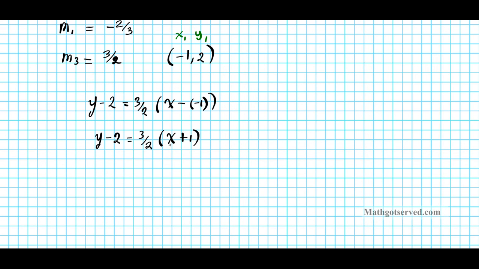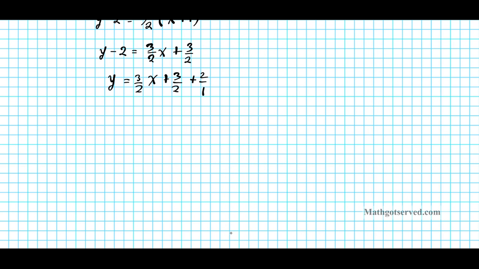In slope-intercept form, we just simplify this, distribute the 3 over 2. So we have y minus 2 equals 3 over 2 x plus 3 over 2. And then to get y by itself, we add 2 to both sides. So we have y equals 3 over 2 x plus 3 over 2 plus 2 over 1. Now we just combine these two, find the LCD, multiplying by 2 top and bottom.